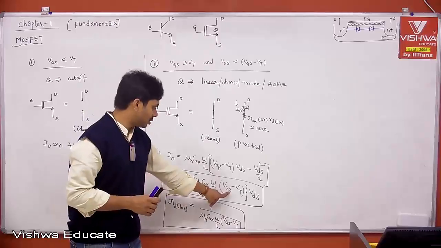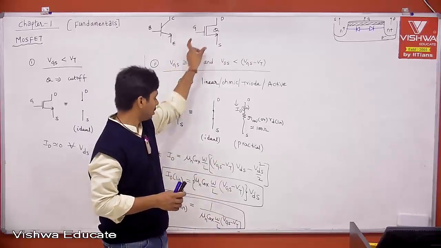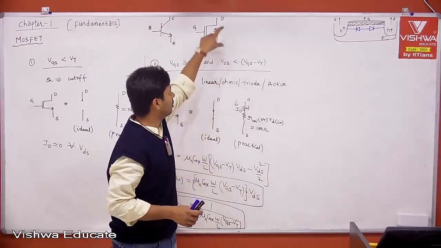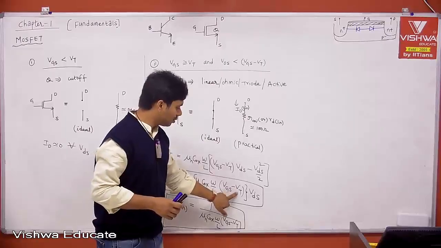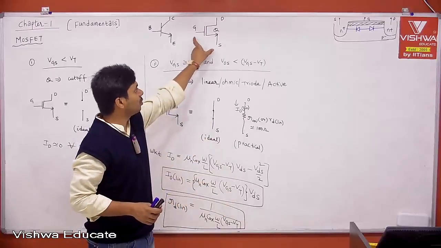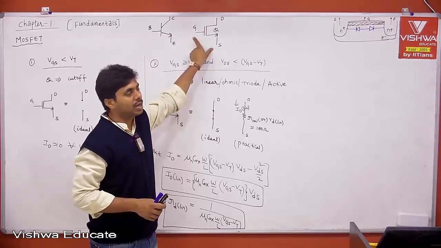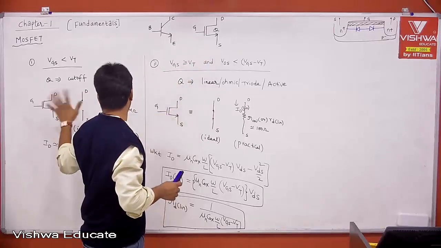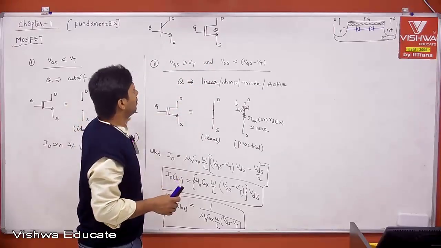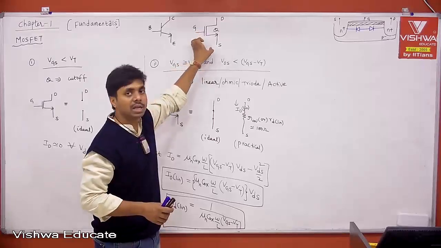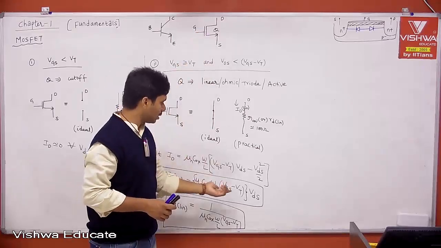VGS is known to you, that is your gate to source voltage, and VDS is also known to you, that is the drain to source voltage. VT is known to you, that is the minimum gate to source voltage required to form the channel. That is called the threshold voltage. When VGS is less than the threshold voltage, there is no channel, it is the cut off state. When VGS is greater than or equal to VT, there is channel formation. That is what I already explained.